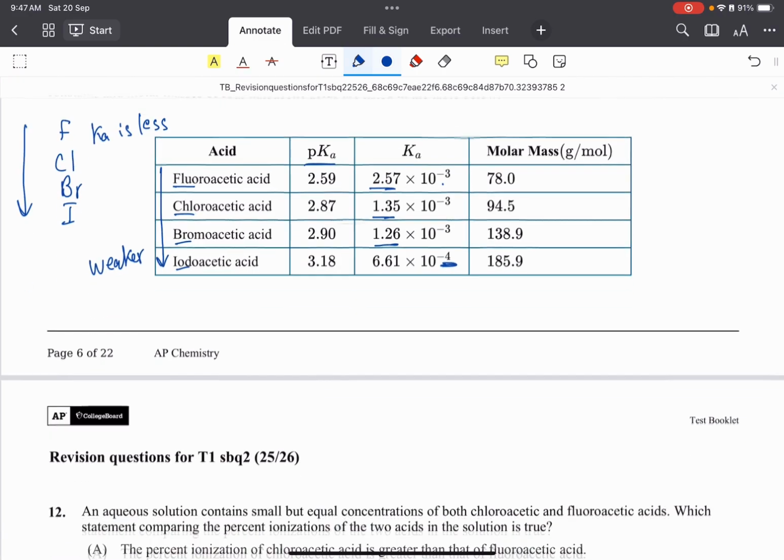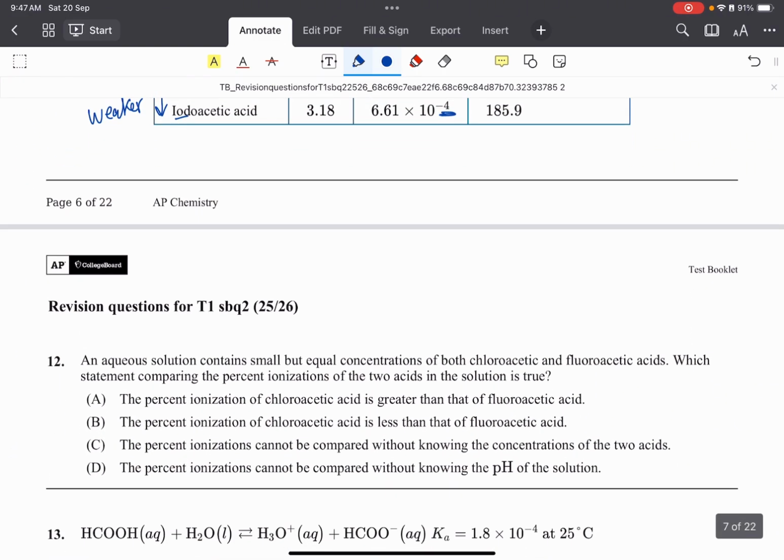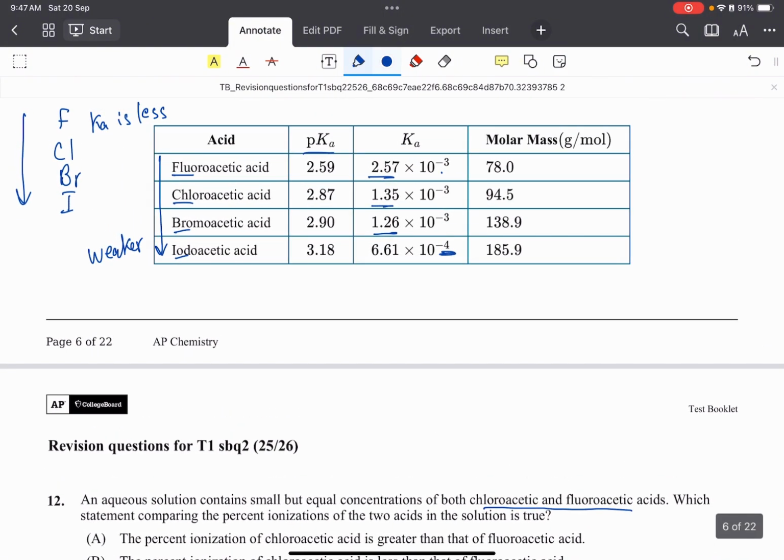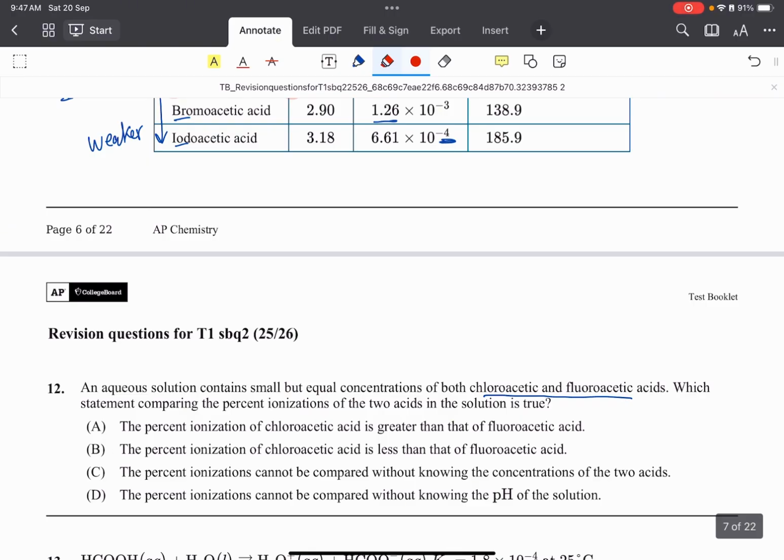Fine, so let's see what the question is about. An aqueous solution contains small but equal concentrations of both chloroacetic and fluoroacetic acid. So they are just comparing the first two. Which statement comparing the percent ionization of the two? Percent ionization, so directly think about who's stronger, who's weaker.